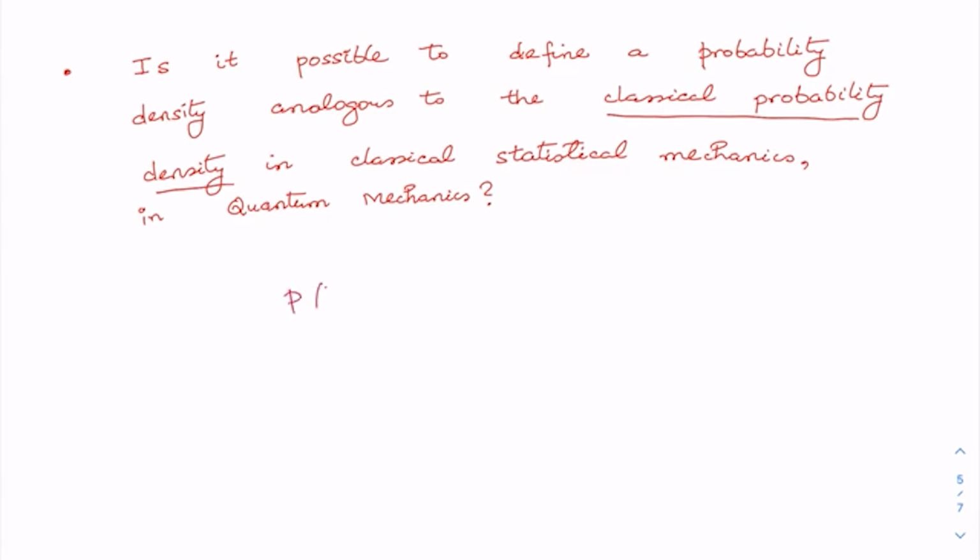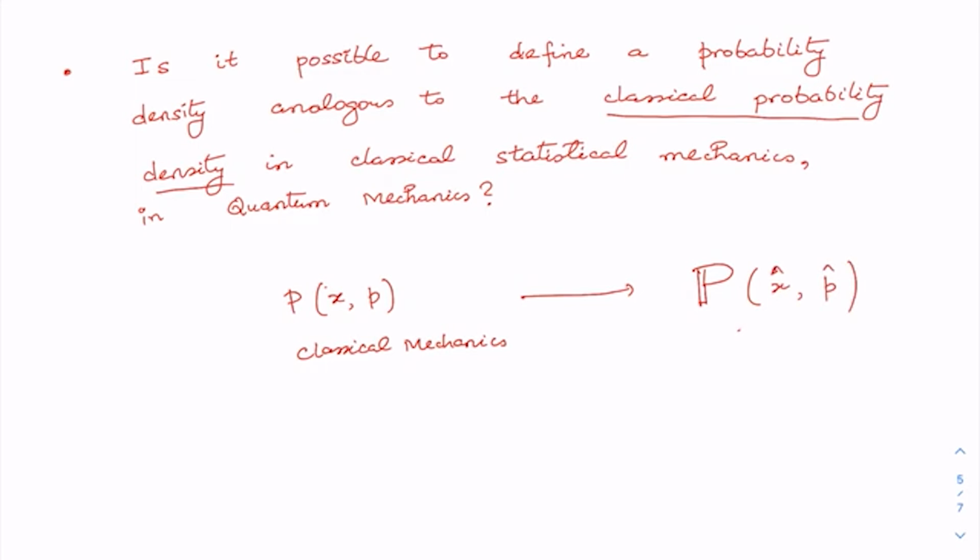Now at first sight it appears to be a hopeless idea, because in classical mechanics the probability distribution is a function of position and momentum. If we want to do that in quantum mechanics, let me explain it this way. If we want to have some probability distribution function, let me denote it by p, it is going to be a function of x and p, right?